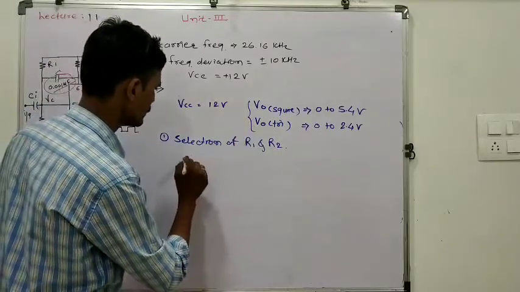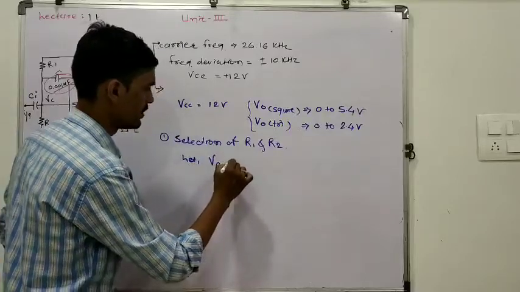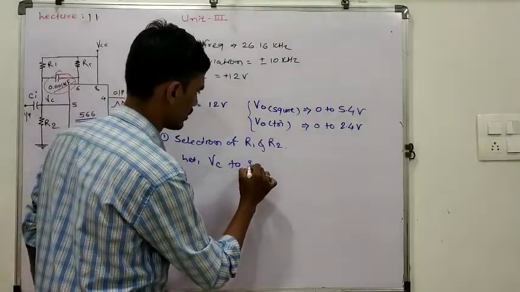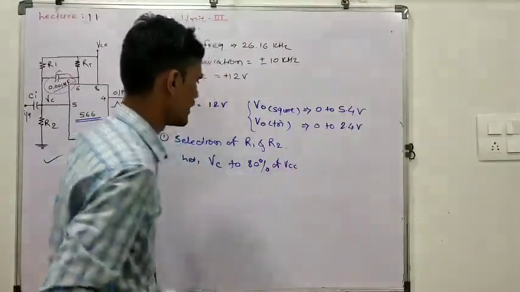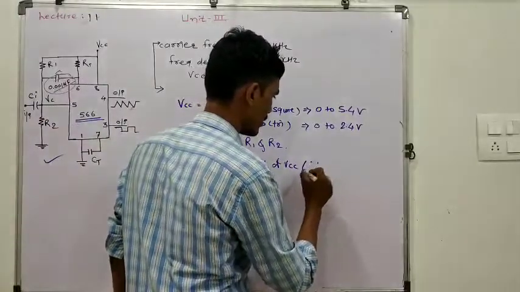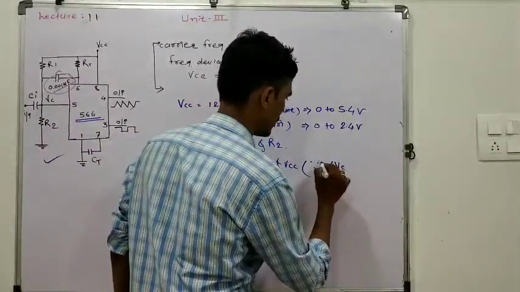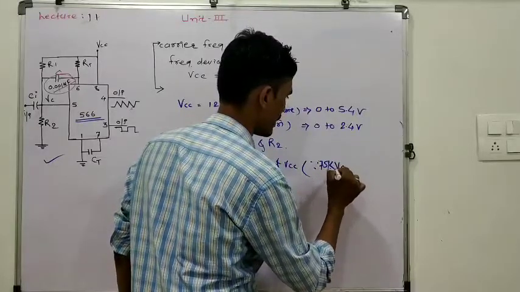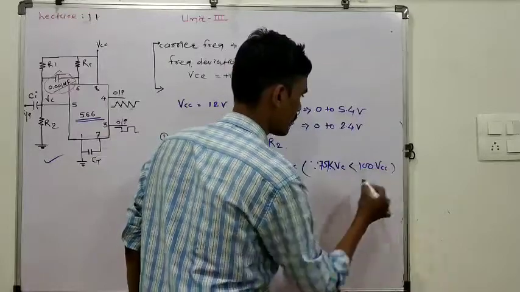So let VC be 80% of VCC. That we are assuming, because VC is greater than 75% and less than 100% of VCC.